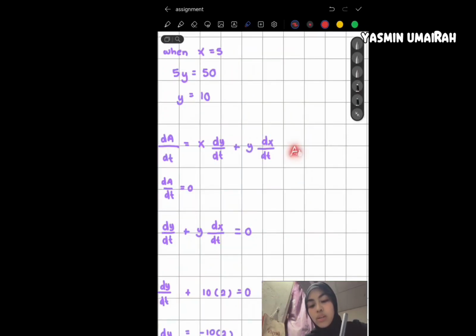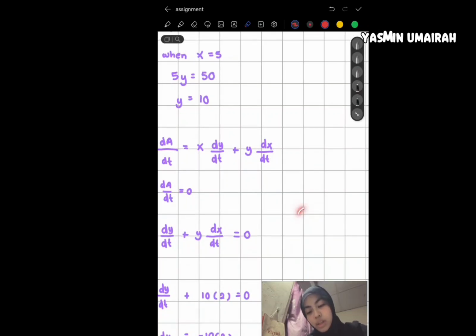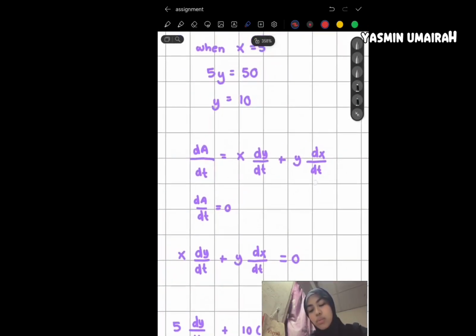To use the product rule, u is equal to x and v is equal to y, so u prime is dx/dt and v prime is dy/dt. So we cross multiply and add like this: x times dy/dt and y times dx/dt. So it will be like this.